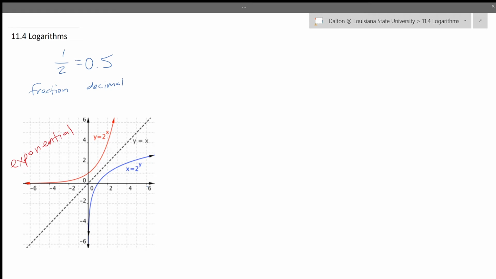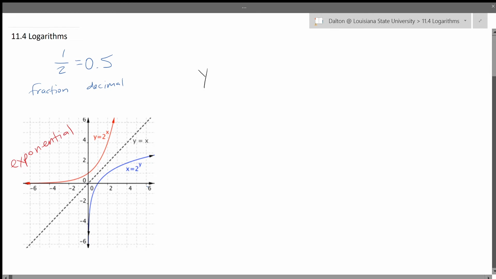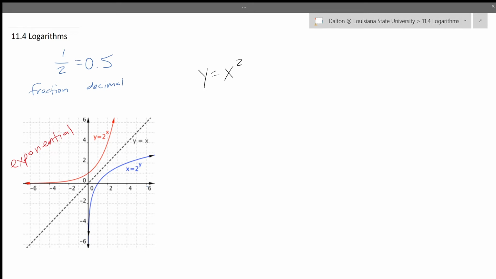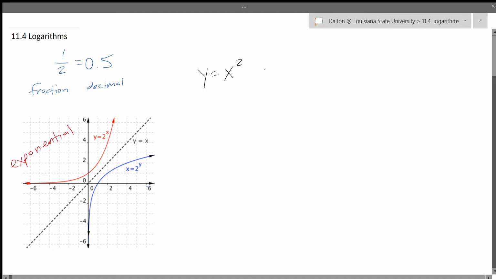So I want to be clear that y equals x squared is not considered an exponential function. Just because it has an exponent doesn't mean it is exponential. What kind of function is y equals x squared? Parabola. It makes a parabola. What do you call it? There you go. Okay. So y equals x squared is a quadratic.